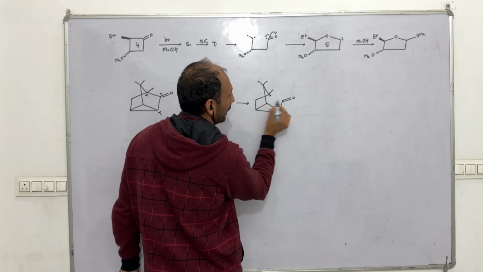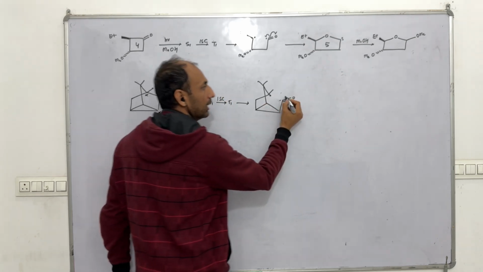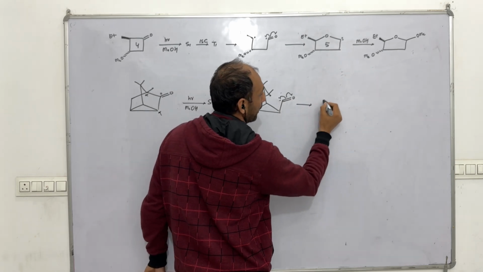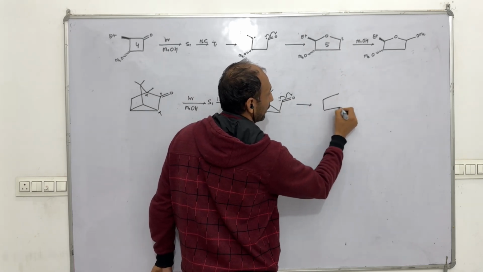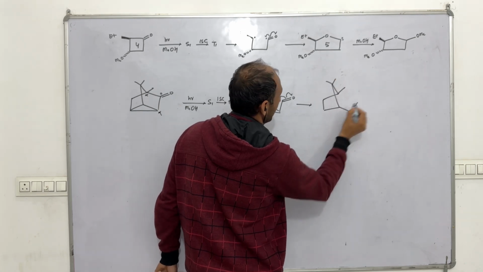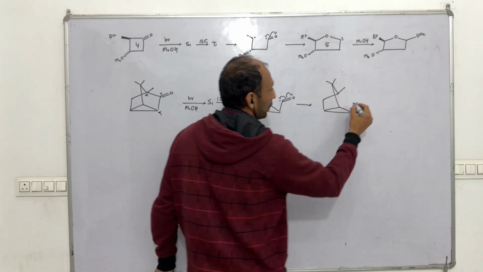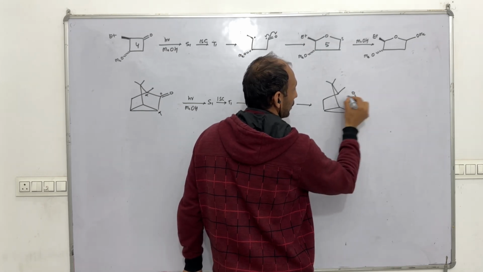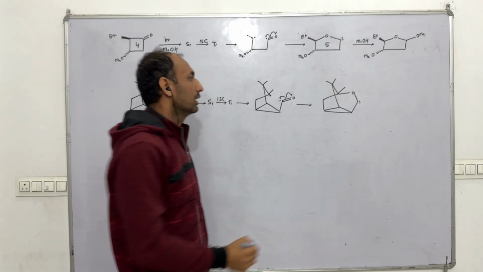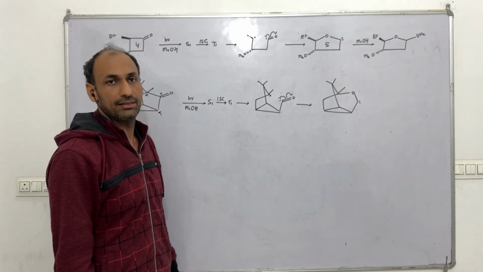Double bond O, radical, radical. In a similar way, the ring will open up. So oxygen, this will be closer, and we have a carbon group on this side.